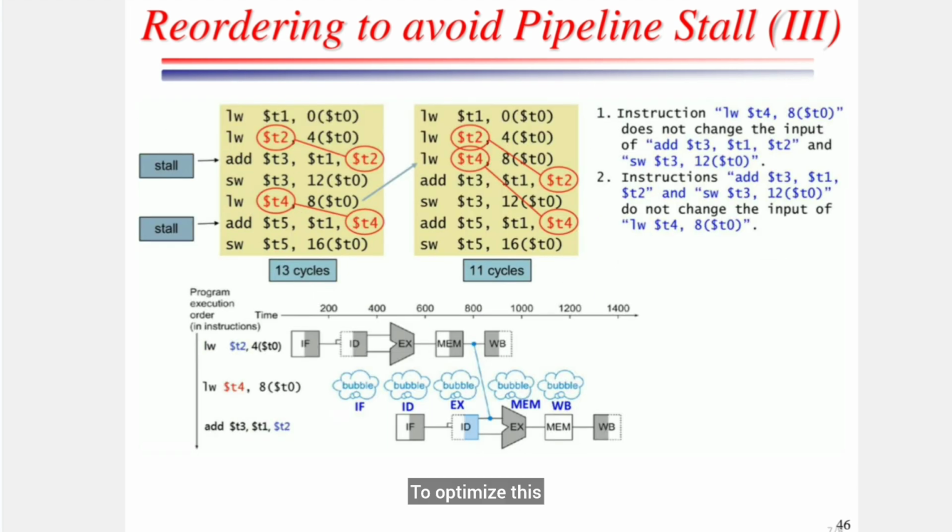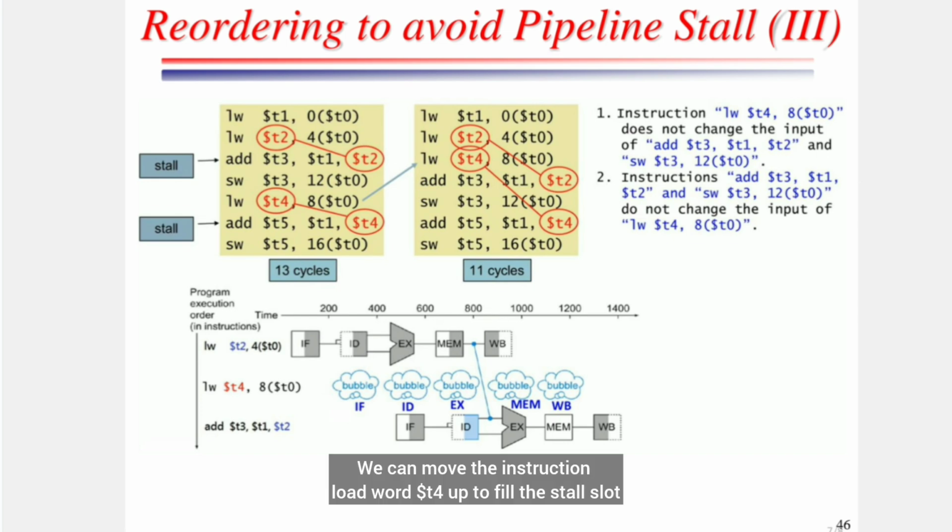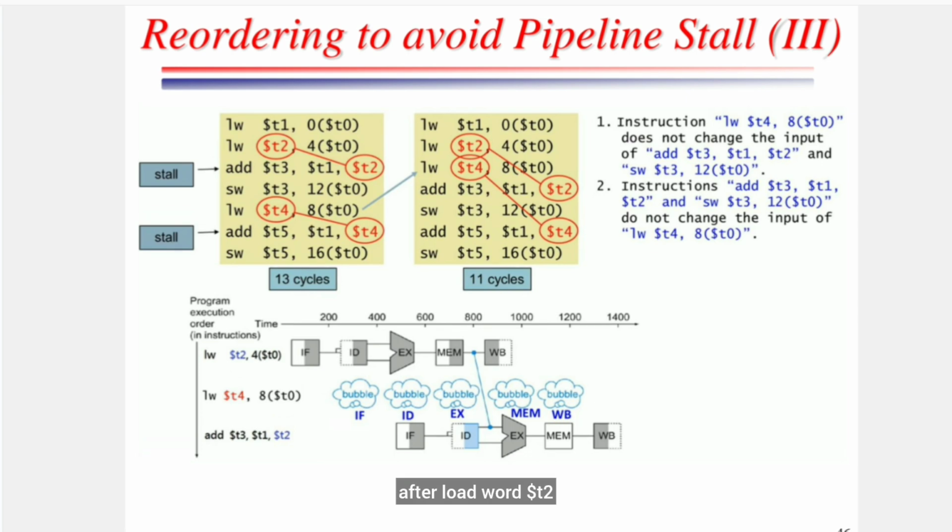To optimize this, the compiler can reorder the instructions. We can move the instruction load word T4 up to right after load word T2. This instruction is independent of the one around it, so it doesn't change the program's logic.